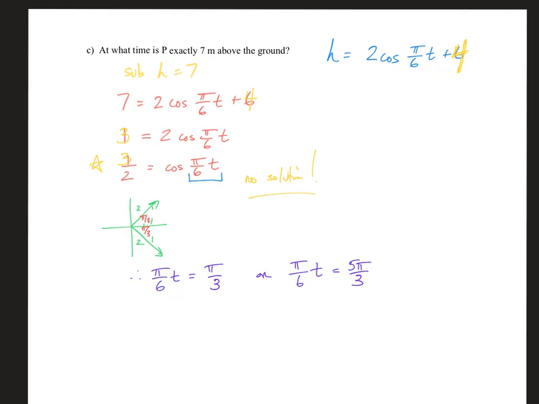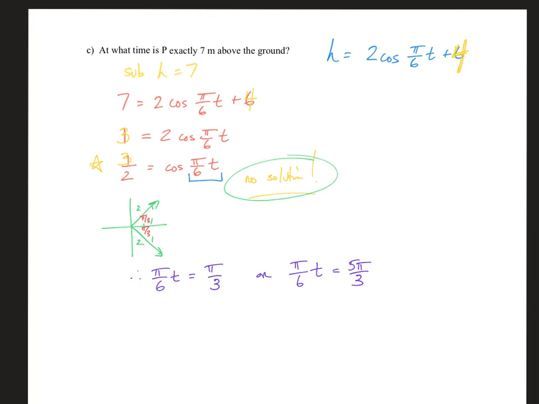Or at the very least, you said, I know that my coses can't be outside of 1s. So 3/2 or 1.5 is way too big for cos. No solution.